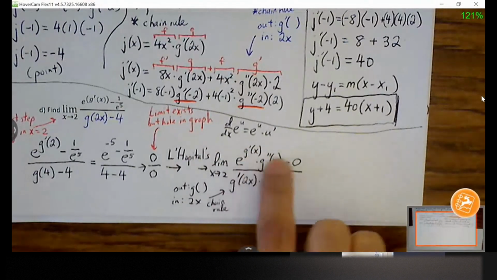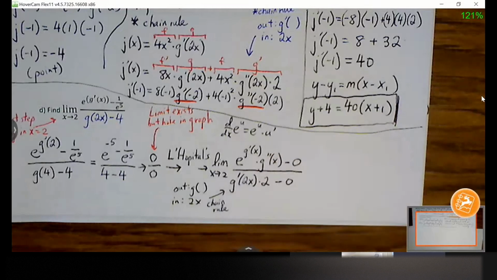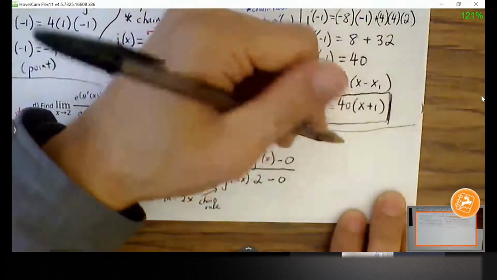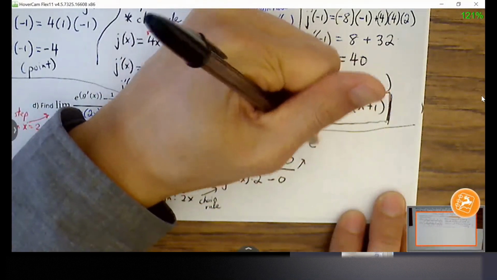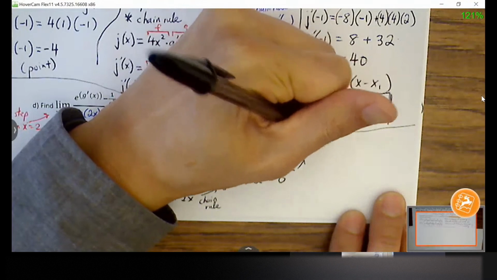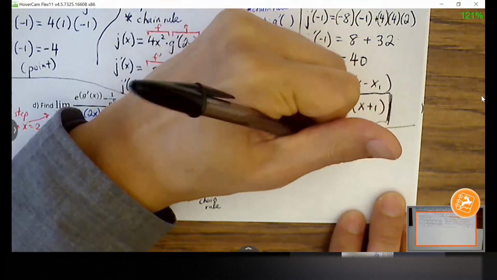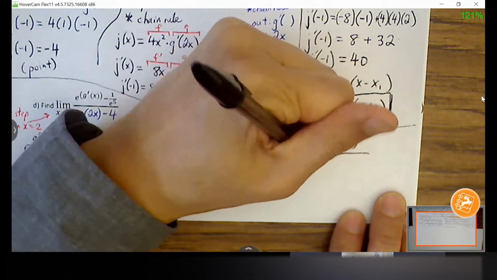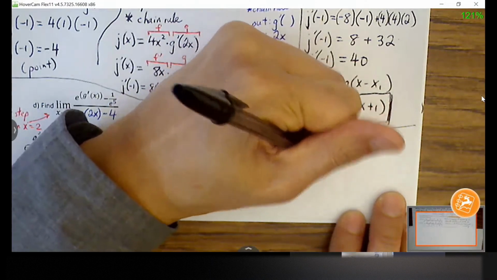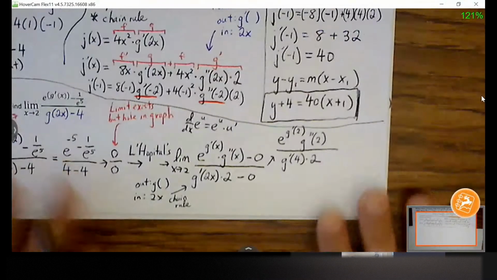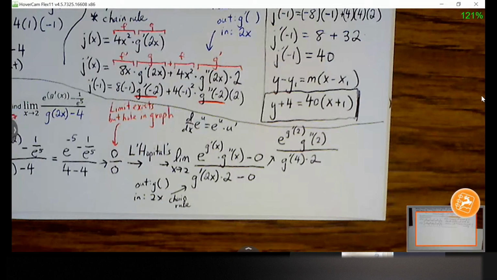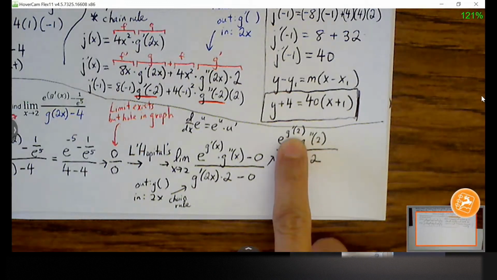Replace every x we see with 2, and we should be able to see if this comes down to a real number for us. G prime of 2 is just going to be -5.